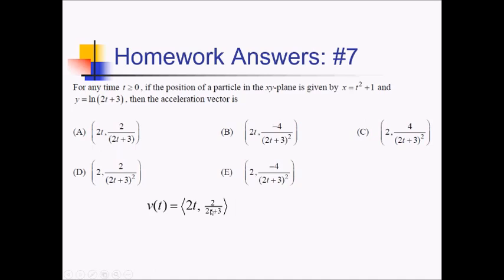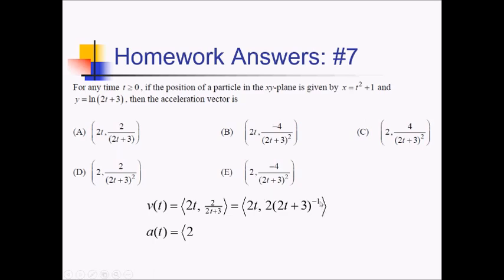I'm going to need to take the derivative of both of these components now. And in order to make this a little bit easier to deal with, I'm going to rewrite this y prime as 2 parentheses 2t plus 3 to the negative 1. All right, let me go ahead and find acceleration now. That's the derivative of these components, x double prime of t and y double prime of t. So we've got 2 instead of 2t.